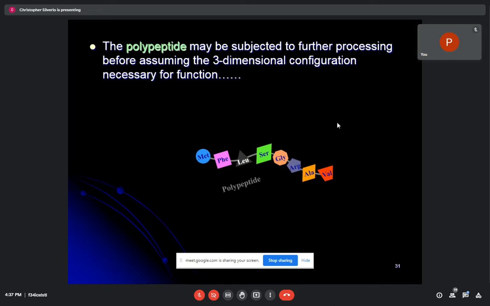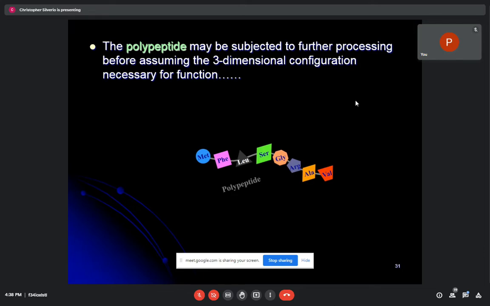Do you know where this protein will be processed? Where will this protein be processed? Do you know? Anyone? Jem, do you know where this protein will be processed? Gemella? On the ribosomes po.